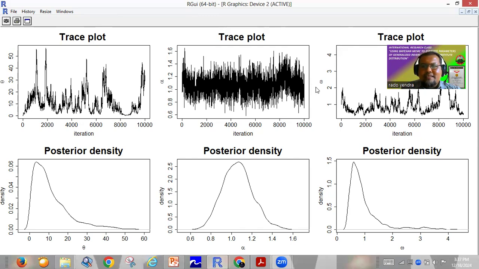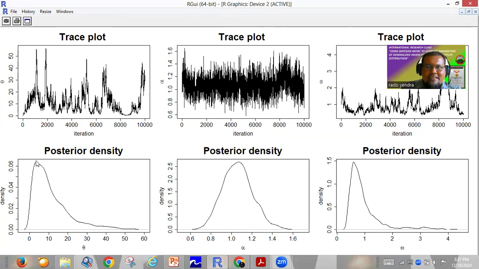You can check the posterior density, which means you can find the peaks. For each plot we have the peaks. For example, for the posterior density of the parameter theta, theta means the beta.